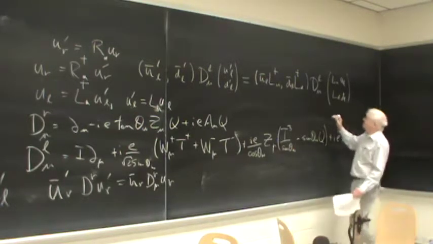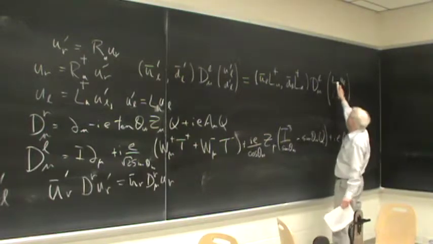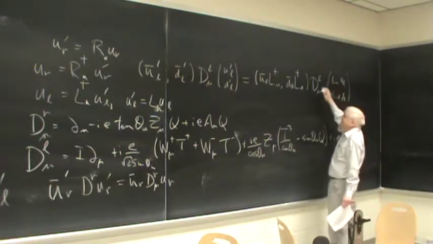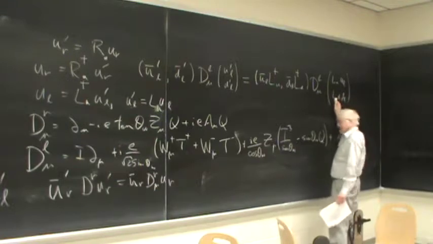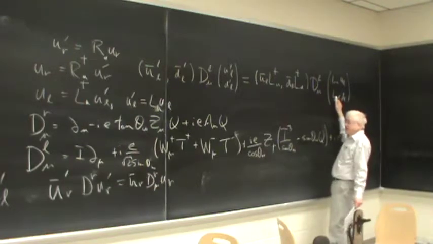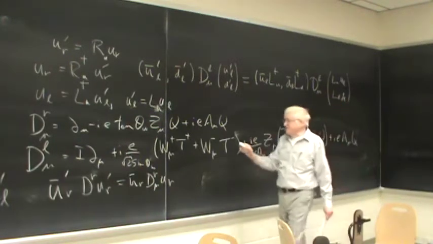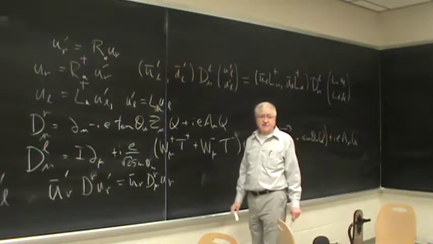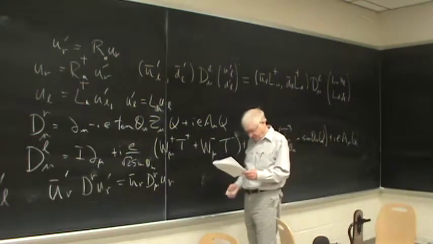And so what happens is L dagger U hits LU and you get the identity. L dagger D hits LD and you get the identity. But in the T plus and T minus case, you get something different.